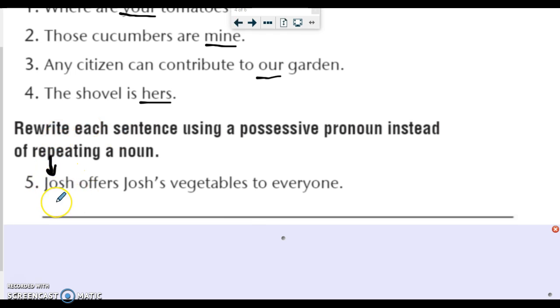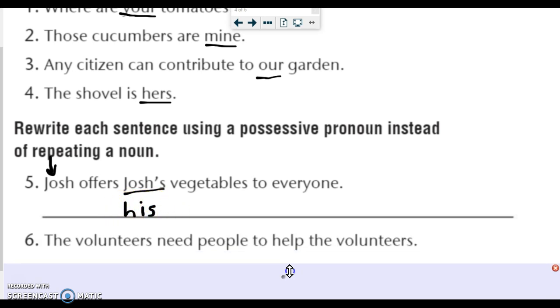So this first Josh can stay. So we're going to say Josh offers, and what should we say here instead? Hopefully some of you are saying Josh offers his vegetables to everyone. We're going to want to replace this second Josh right here with the word his. This is a possessive pronoun.